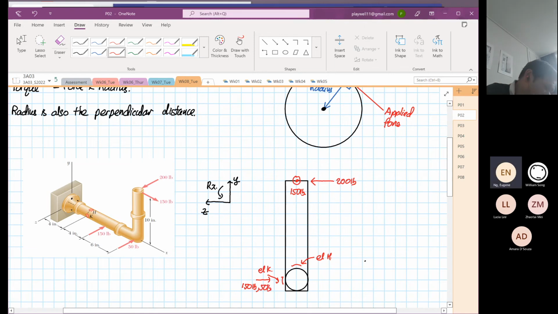And then very important, we're going to sketch the position of our neutral axis. So now our neutral axis is a dot, right?